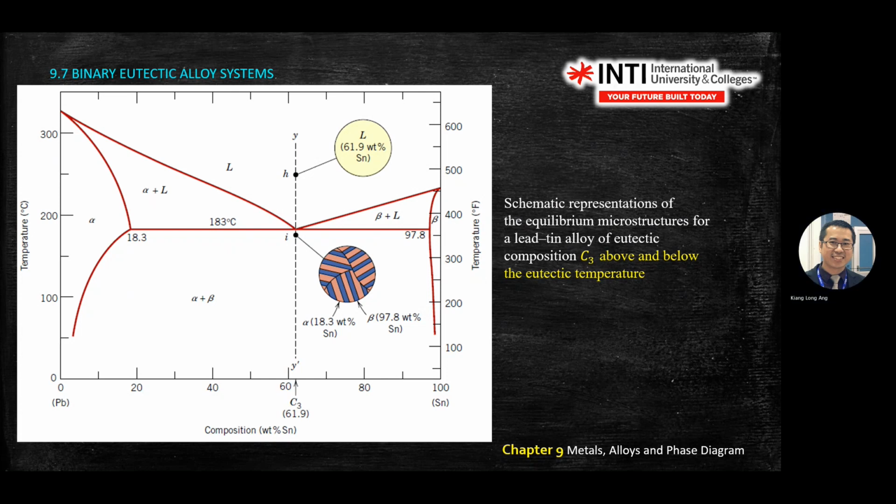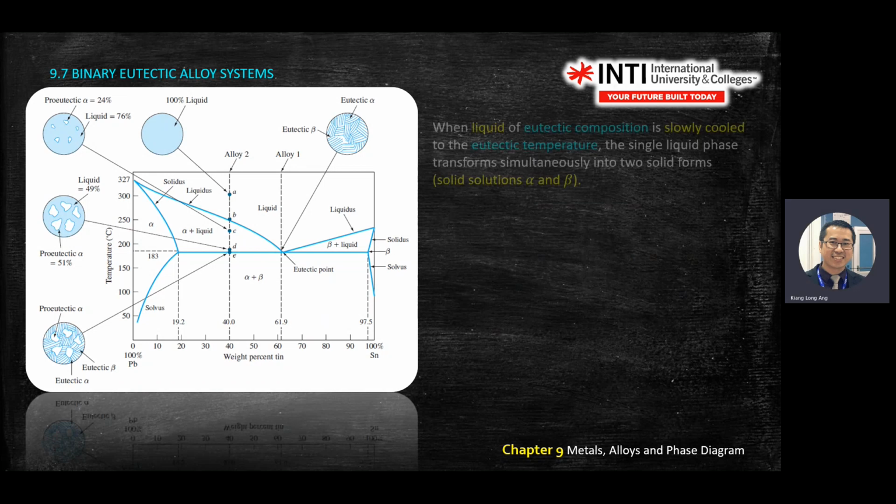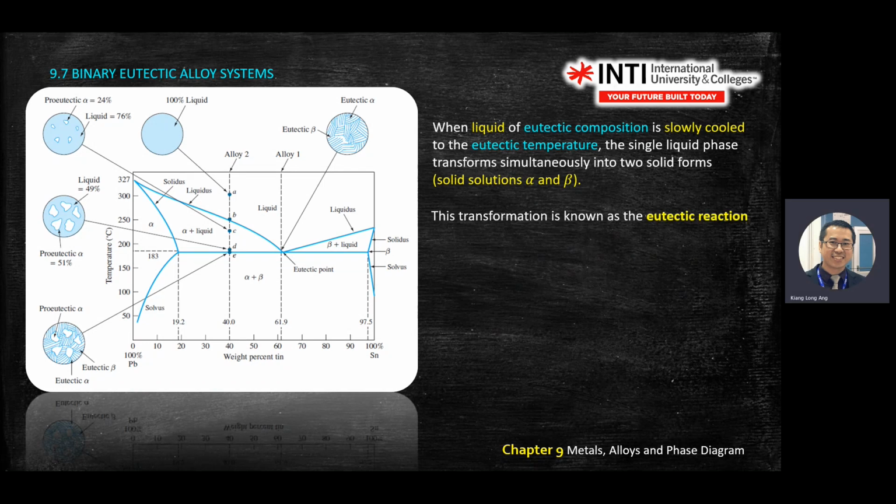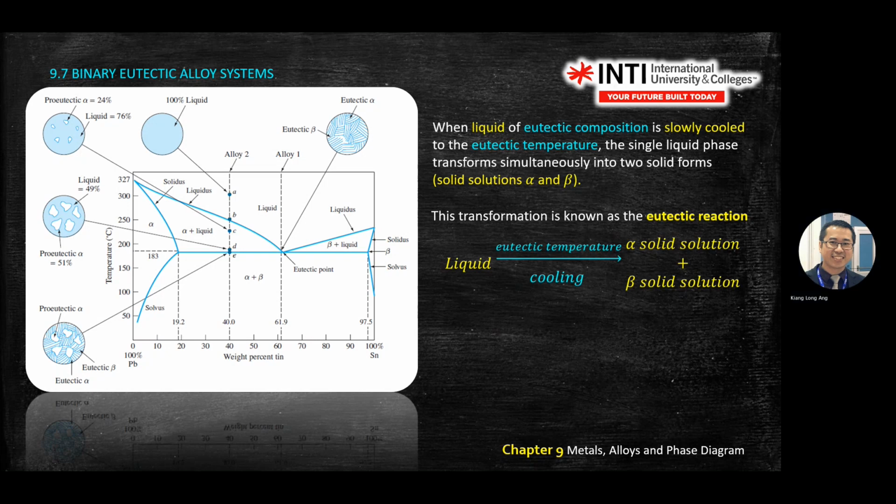The rest you read is also the same. Okay. We will start to do some calculation already. When you have a eutectic reaction, you change liquid into alpha beta solid solution, right?